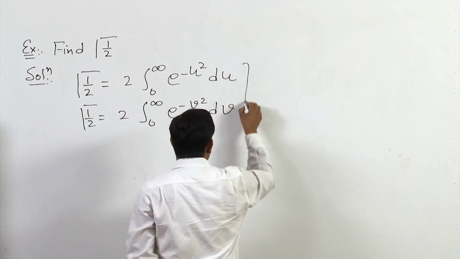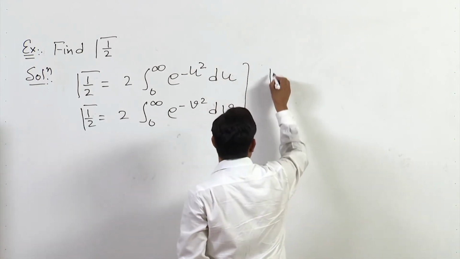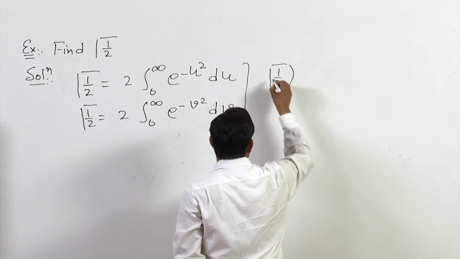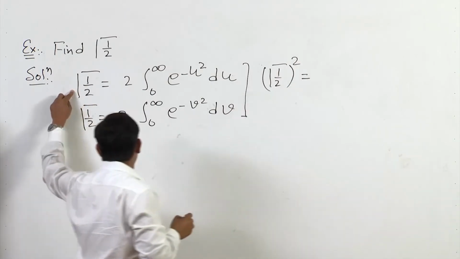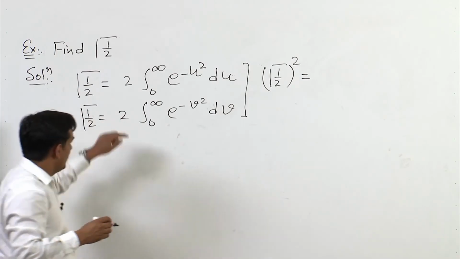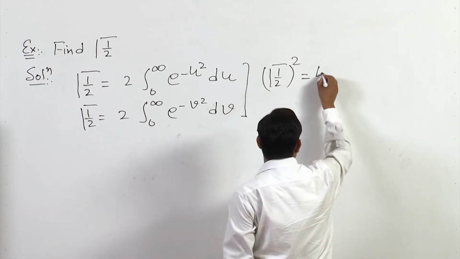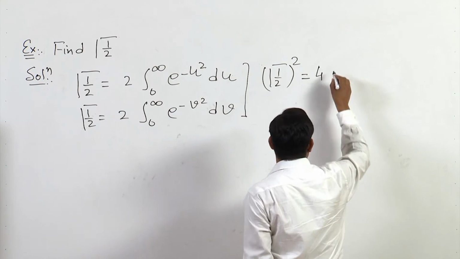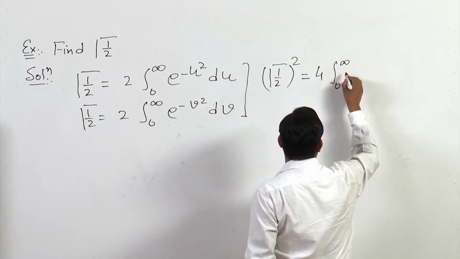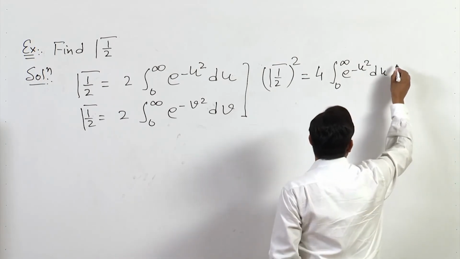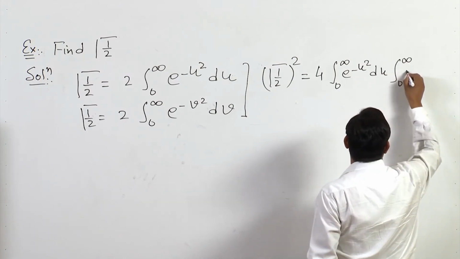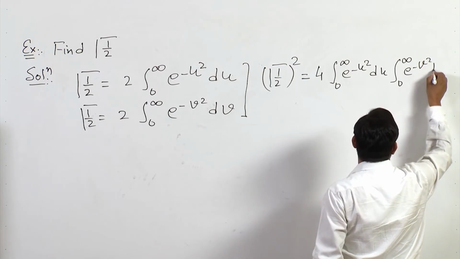If I multiply these two equations, I will have gamma half whole square on the left hand side, that is gamma half into gamma half. On the right hand side, I will have 4 times 0 to infinity e raised to power minus u square du, 0 to infinity e raised to power minus v square dv.